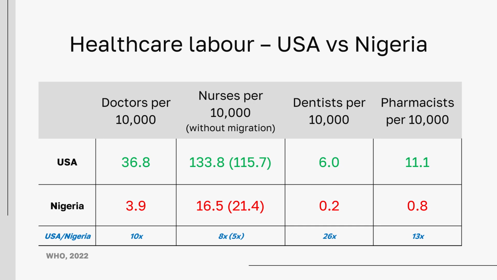And we want to highlight here the effect of migration, right? Because of migration, effectively, the U.S. has 8 times the number of nurses per capita. But once you remove migration, because the USA receives nurses, whereas Nigeria loses nurses, that ratio goes from 8 to 5, right? And so that highlights the effect of the brain drain.